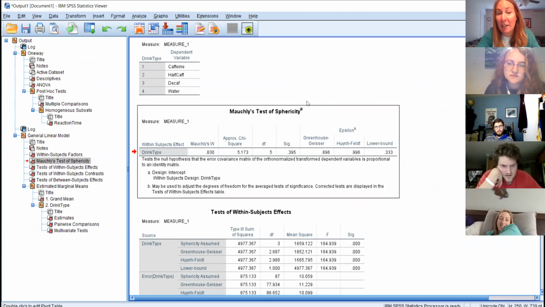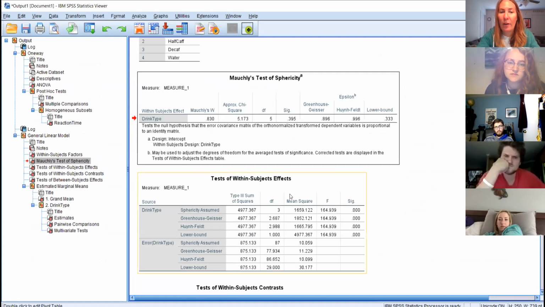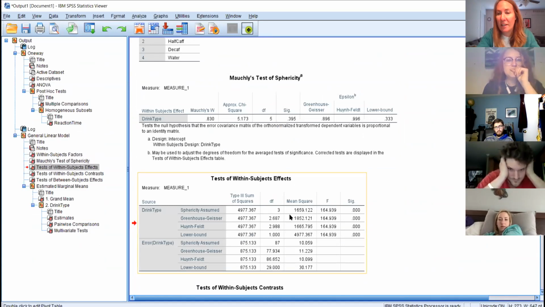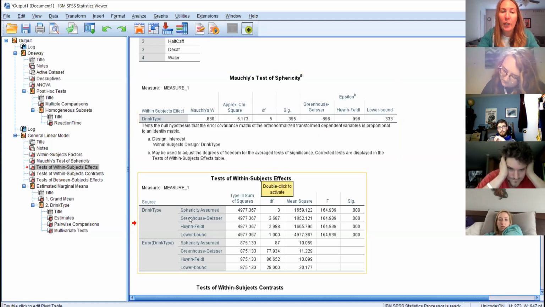Okay, so I'm talking about this box here, the Mauchly's test of sphericity. So you can see here that it's not significant. So then when we look at our tests of within subjects effects, this is the ANOVA box. We just look at this first line because we assume sphericity because this is non-significant. If this was significant, we would have to look at either the Greenhouse-Geisser or the Huynh-Feldt. These are really similar and they do different things.